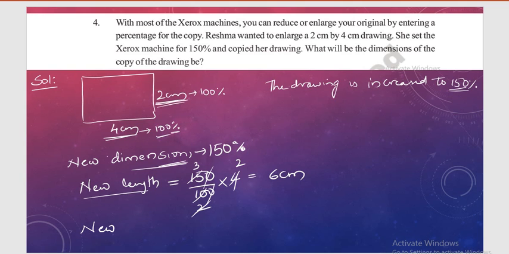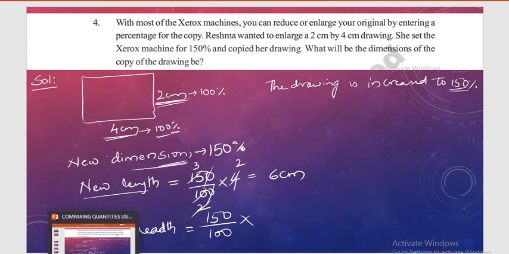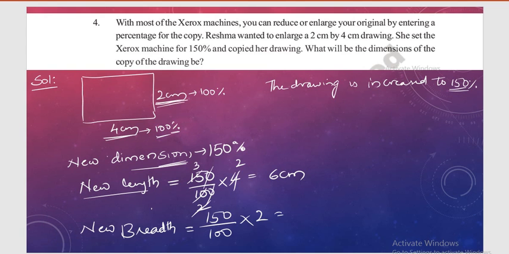The same way, if you want to find new breadth, that is nothing but new dimensions. So here also it is increased to 150%, right? So 150 by 100 into 2. So 0 0 cancel.